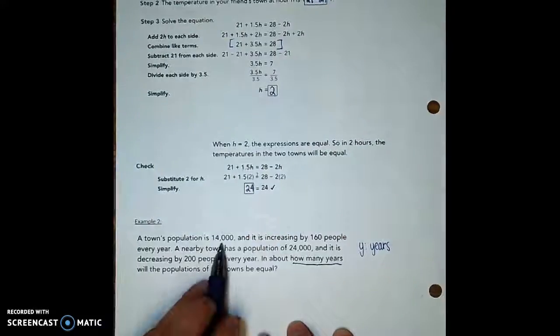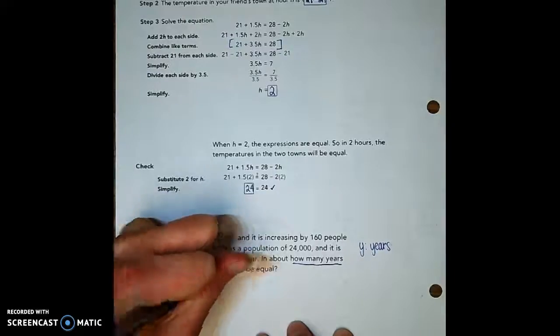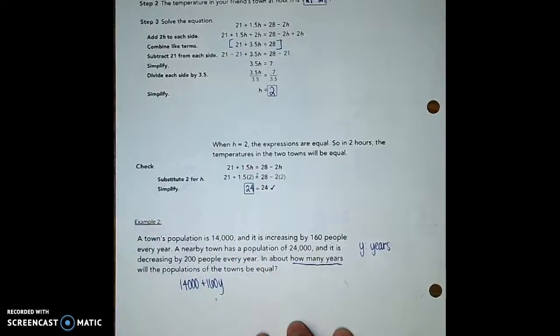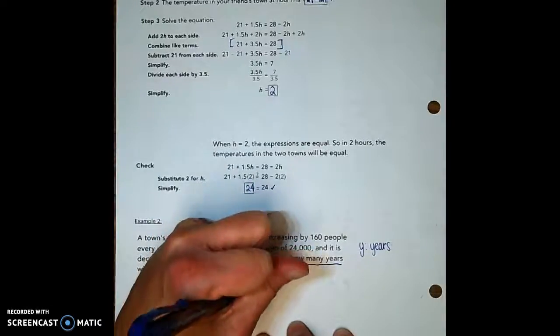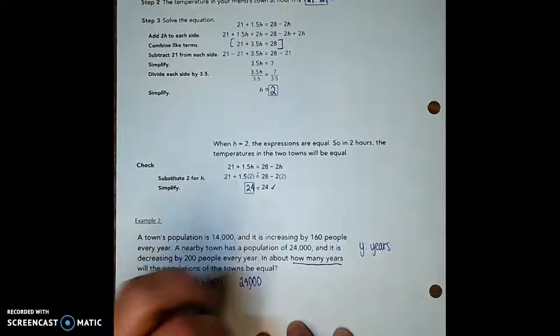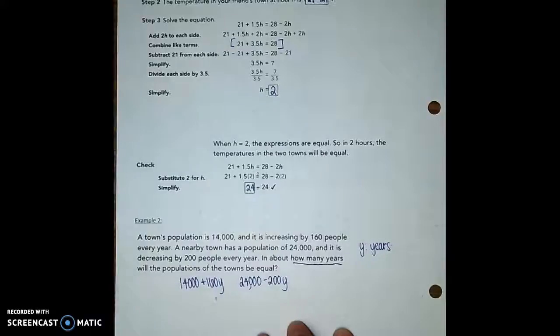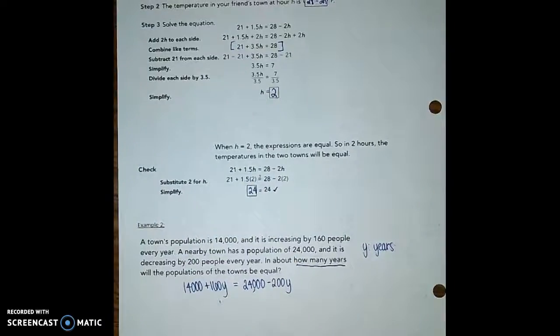Town 1 starts at 14,000, and then it increases by 160 for every year, so 160y. My second town starts at 24,000, and then it decreases by 200 for every year, so 200y. And we're trying to see when they're equal. So now from there, I have my equation and I'm ready to solve it.